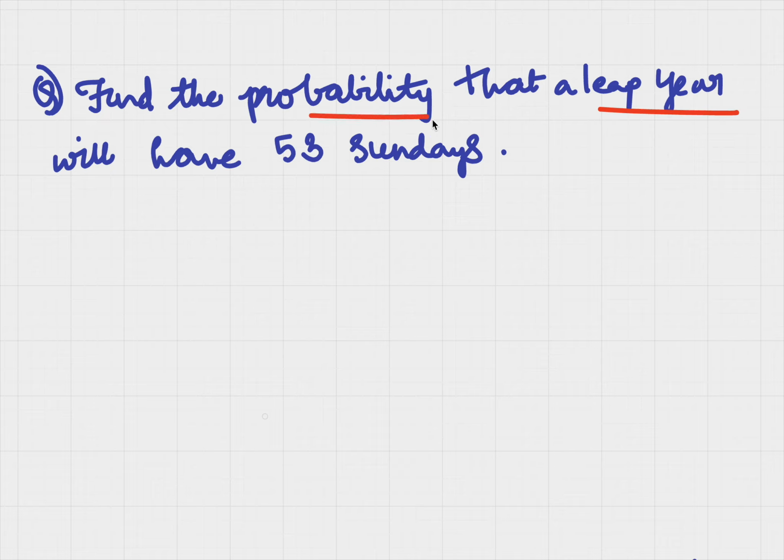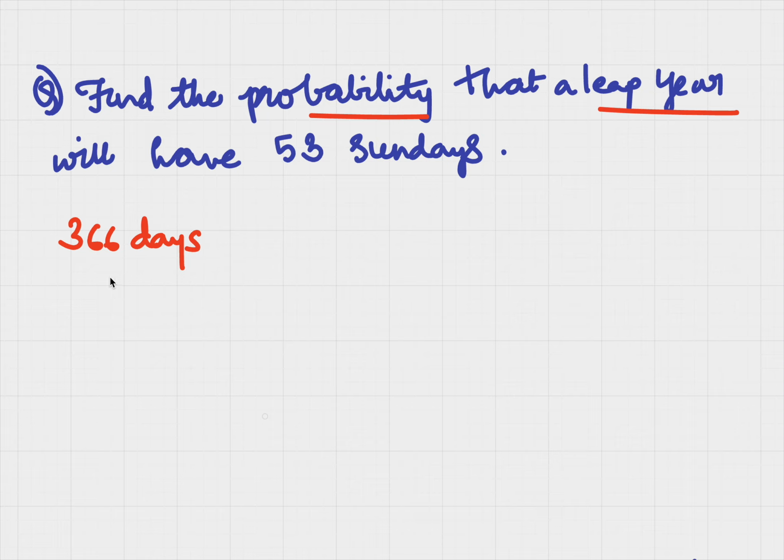So coming back to this question, they're asking the probability that a leap year has 53 Sundays. First let's understand what a leap year is. Of course, we all know what a leap year is, but a leap year contains how many days? 366 days. One day extra than other years, right? A leap year contains 366 days.